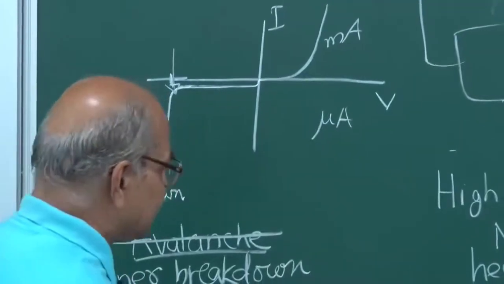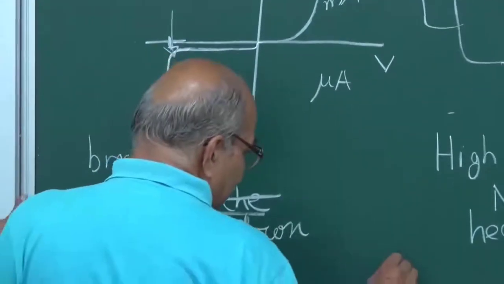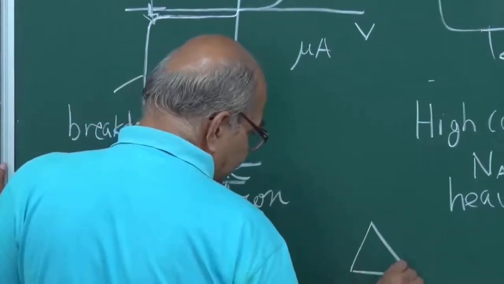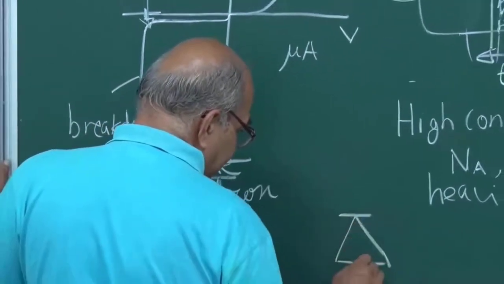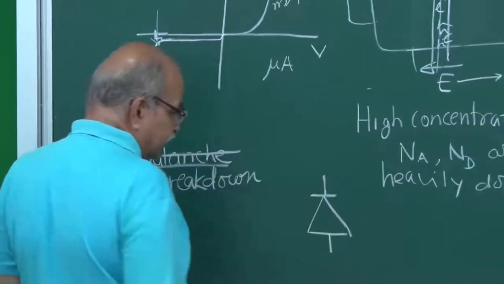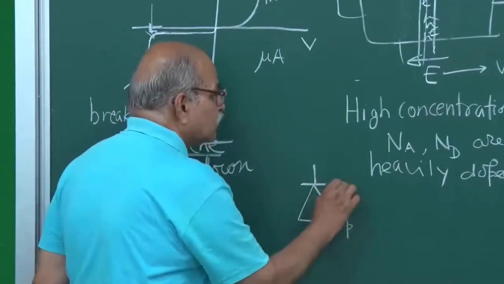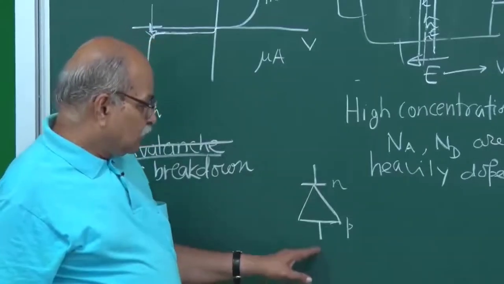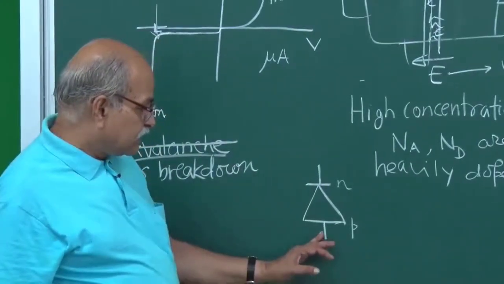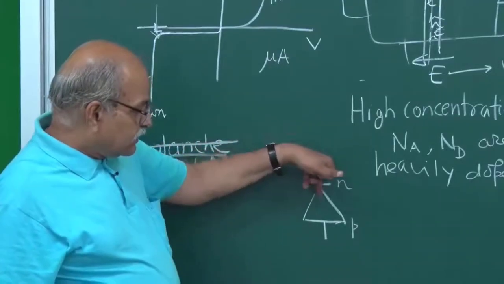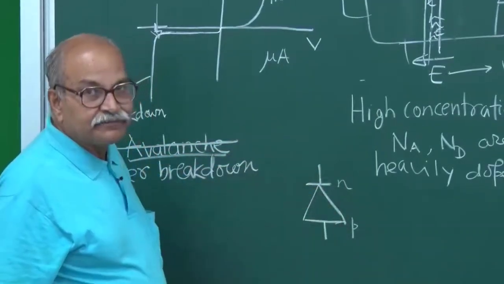There is a separate symbol for that. Our usual diode, when we write, we draw a triangle and then we put a line here. So this denotes your P side, this denotes your N side, and if the current goes in this direction, that is the forward biased current. If the current goes in this direction, that is the reverse biased current.